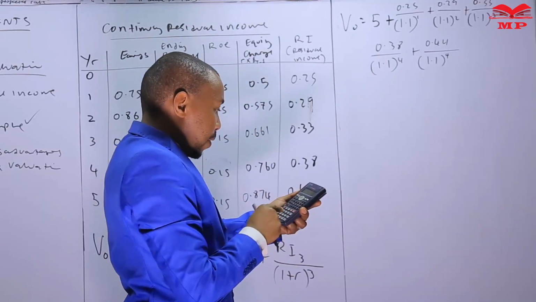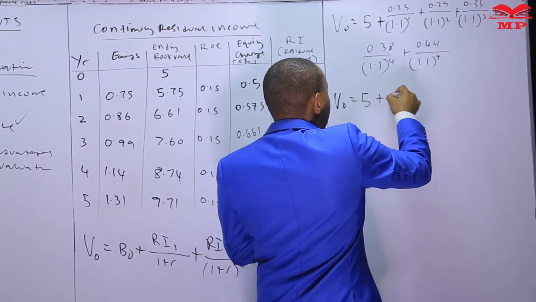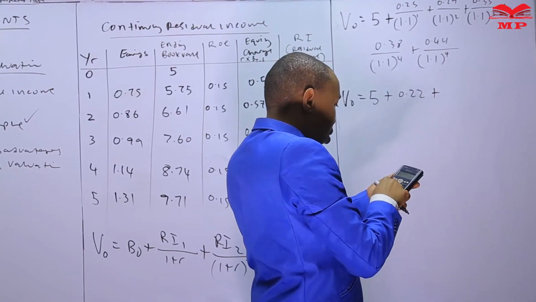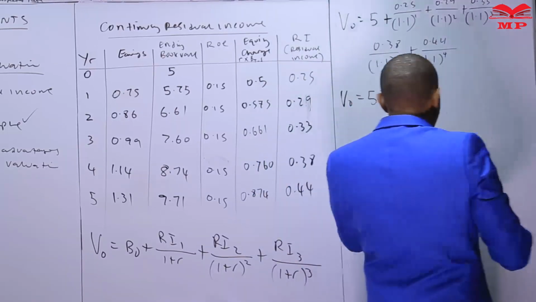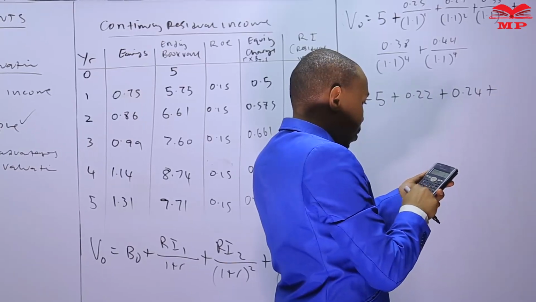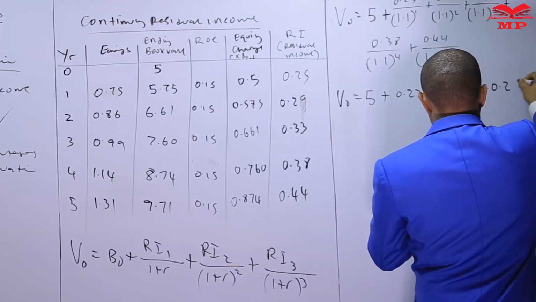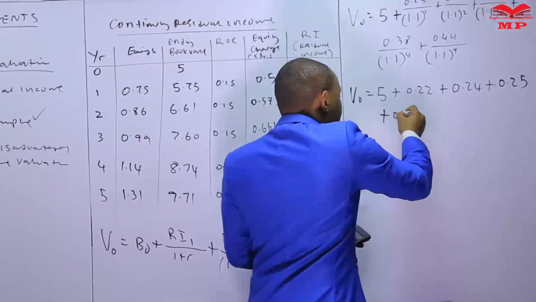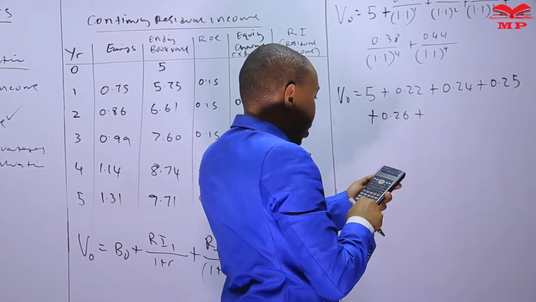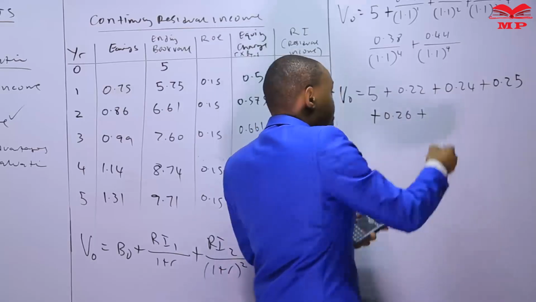So I will just first of all add the present value of future residual income like that. So it's 0.25 divided by 1.1. We have 0.22. So V0 is equal to 5 plus 0.22 plus 0.29 divided by 1.1 squared, 0.24, plus 0.33 divided by 1.1 cubed, we have 0.25, plus 0.26, plus we have 0.44 divided by 1.1 power 4, like that is 0.3.